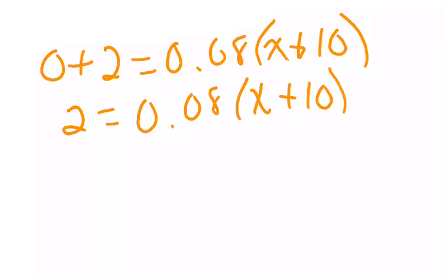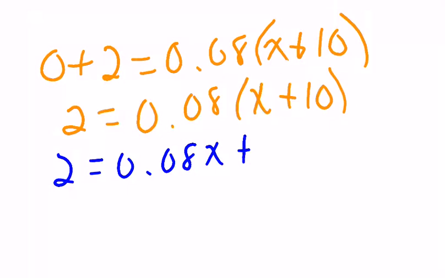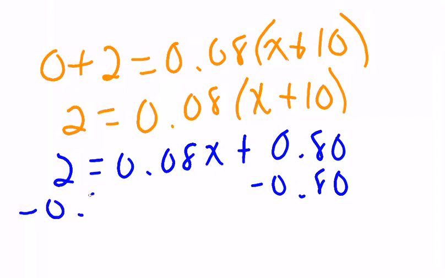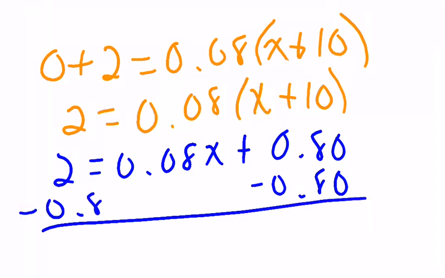Then we have to distribute the 0.08. So 2 equals 0.08x plus, and then 10 times 0.08 is 0.8. Then we have to subtract 0.8 from 2, and we get 1.2.